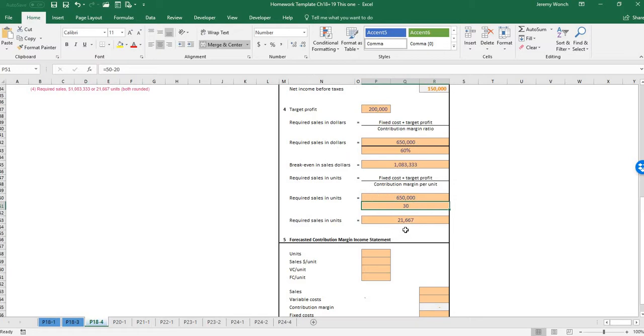That means we need to sell 21,667 units in order to break even plus earn our target profit.